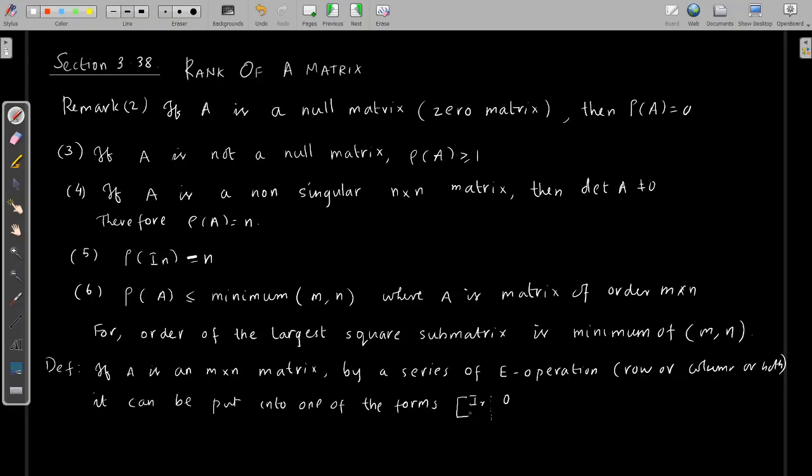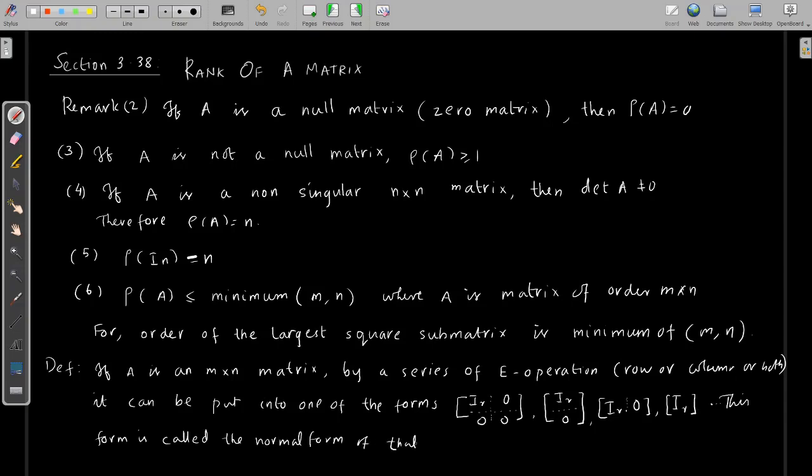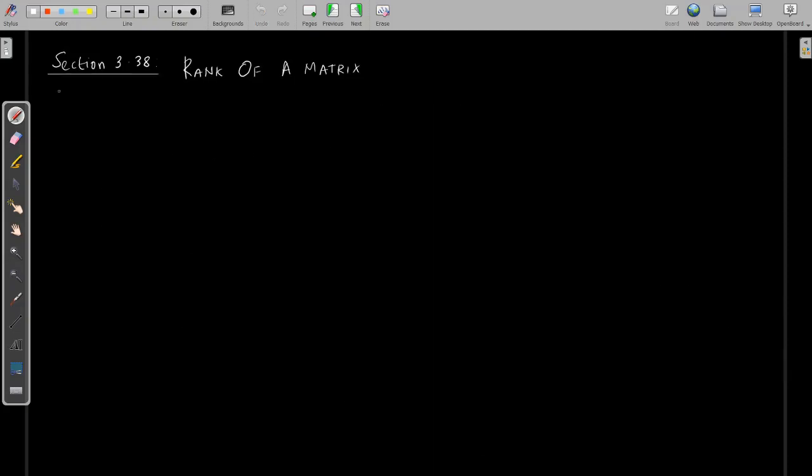That is Ir, an identity matrix of order r with all the other positions 0, or Ir 0 row wise, or Ir 0 column wise, or Ir itself. Any matrix A can be reduced to one of these forms. This form is called a normal form of A. Now we have a remark. Using the normal form, we can define rank of a matrix A as r by looking into the normal form of A.